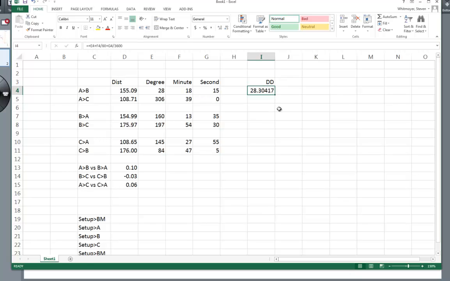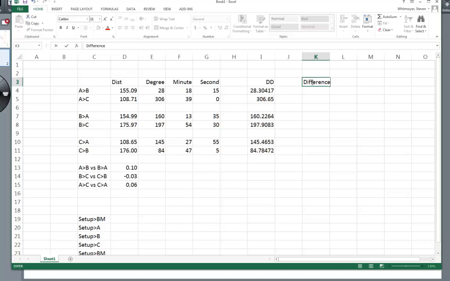So there's our decimal degrees values for all of these. And now the difference is going to be this minus that, this minus that.